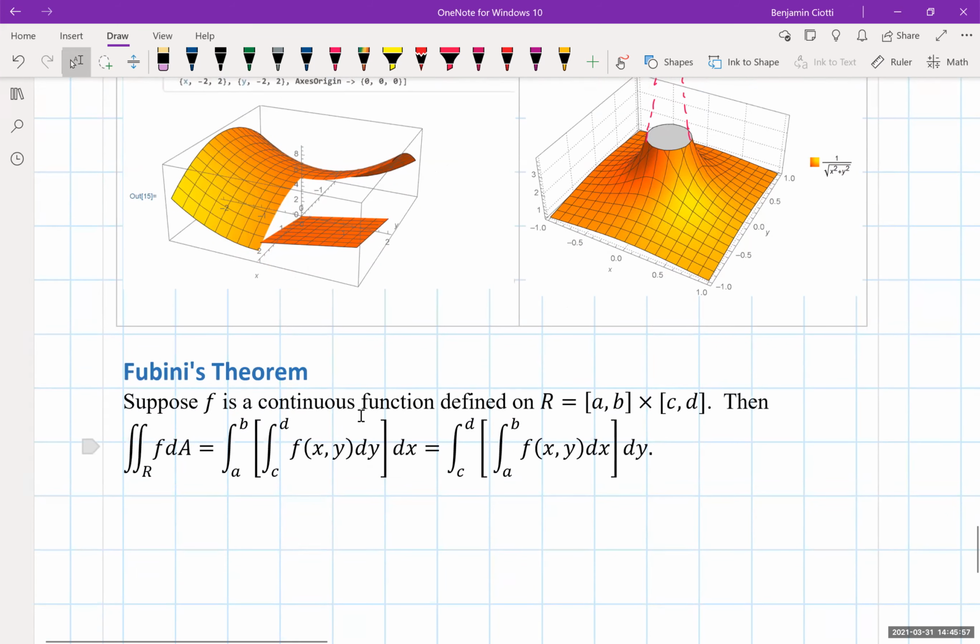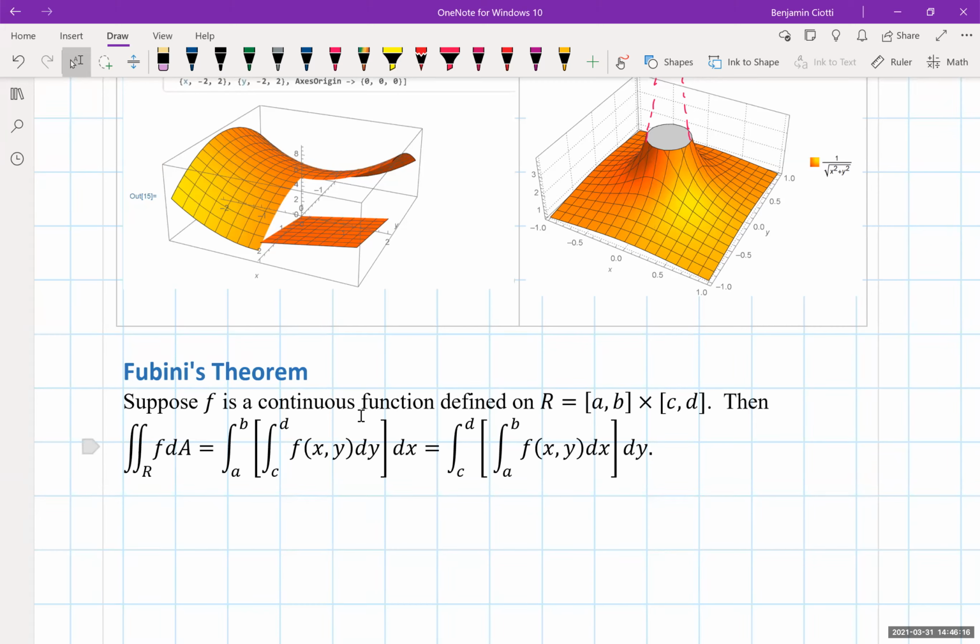I guess I can give you Fubini's theorem. Here's Fubini's theorem. I know it's a lot of theorems. Fubini's theorem is actually just a rewrite of the two earlier theorems that we saw today.